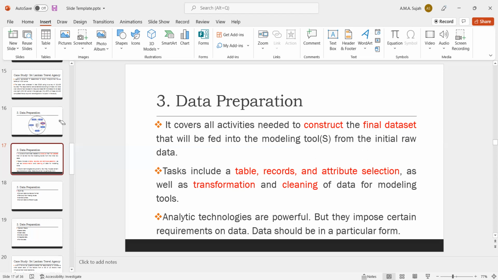So data pre-processing means all the activities that we do before the final data set is fed into the model, which we consider as data preparation. Sometimes we convert the data into tables. Sometimes we have the data set as rows, so we need to convert it into a table. Sometimes we select some attributes, sometimes we remove some attributes, sometimes we transform the attributes, sometimes we clean the attributes. Each and everything we call data preparation.